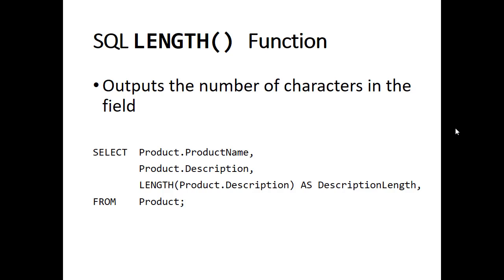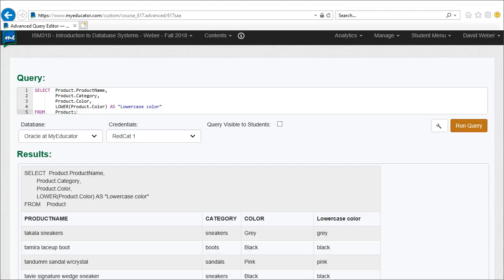We could look at the length of the description field for all of the shoes in the database with the length function. Length is written in all caps because it is a SQL keyword, and then inside of the parentheses is the field that we want to retrieve the length for. I'm giving this an alias of description length, and let's give this a run in our query editor.